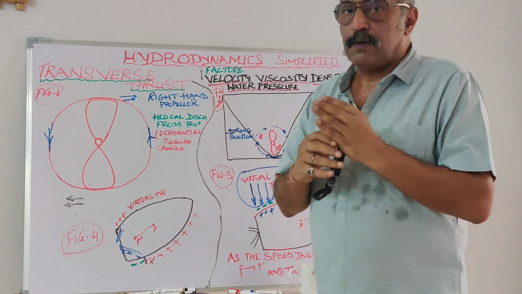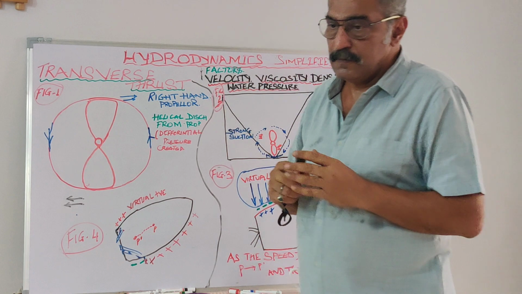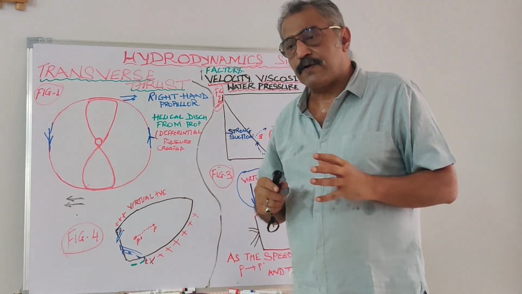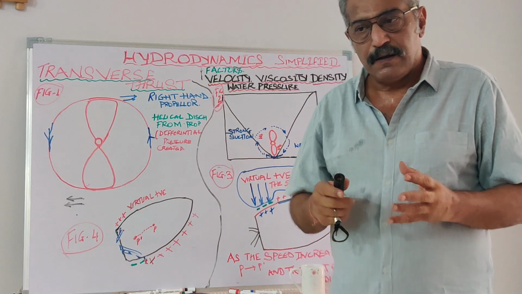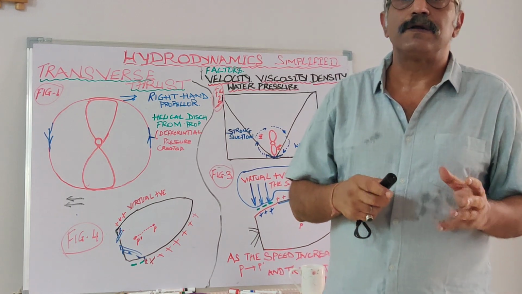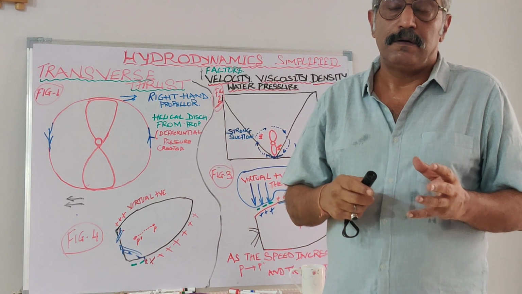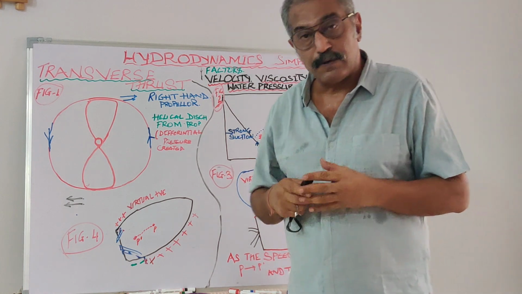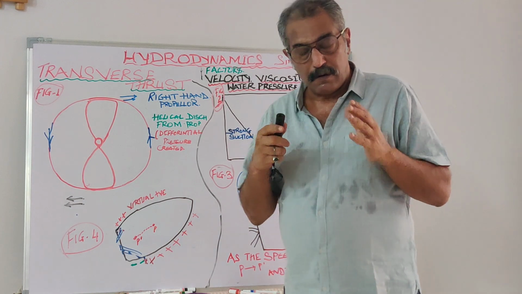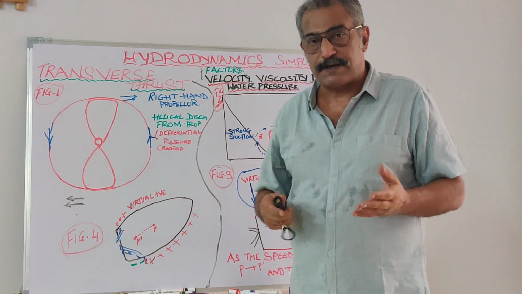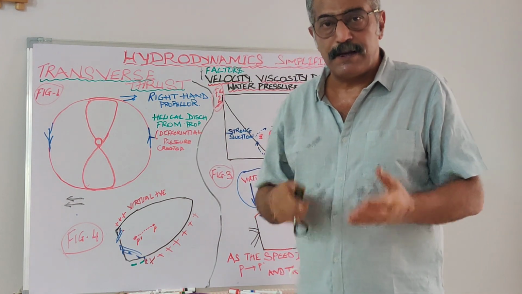Now, when we talk about this, the effect of transverse thrust can be seen when the effect of squat is not very high. In other words, in water of lesser depth, obviously the water pressure will also be less.